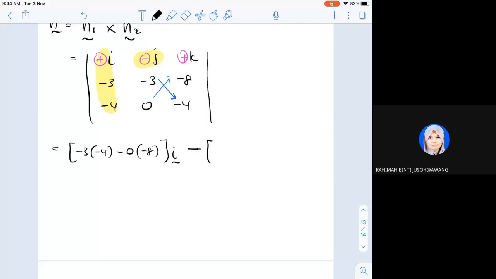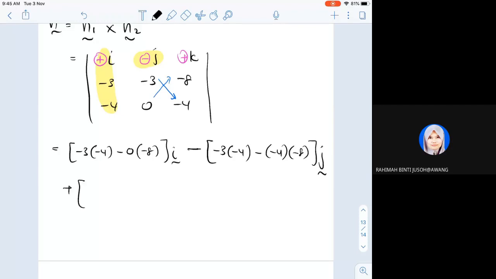Alright, now minus, close the second column pula. Close the second column. So now we are crossing the first and third column. So -3 times -4 minus -4 times -8. Like this. This is your J. And then plus, okay, plus balik sebab K plus.